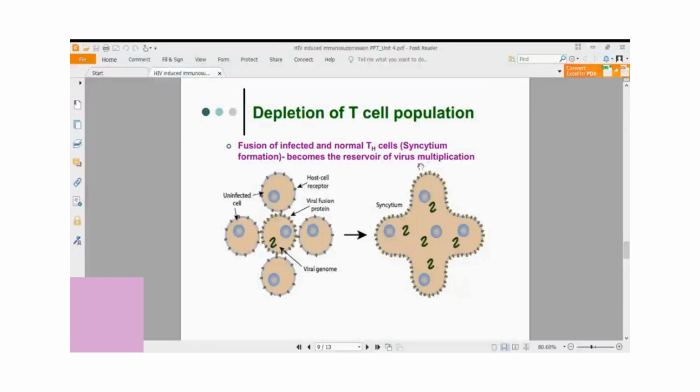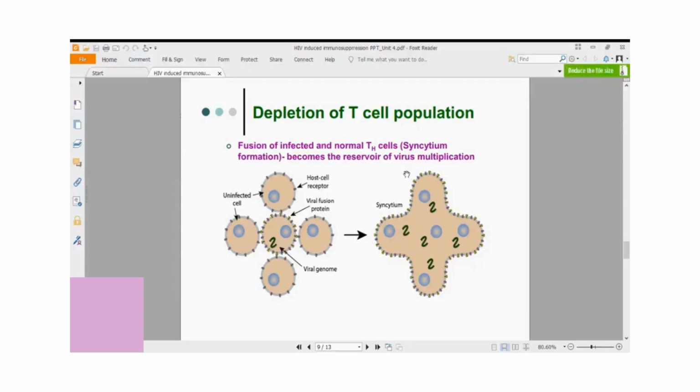Please note the spelling: SYNCYTIUM. Syncytium is the word used when more than one nucleus may exist in the cell without compartmentalization. Each nucleus is of course surrounded by a nuclear membrane.